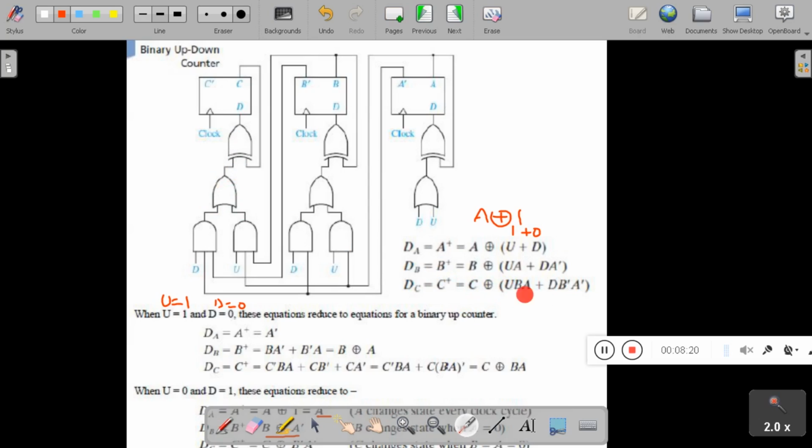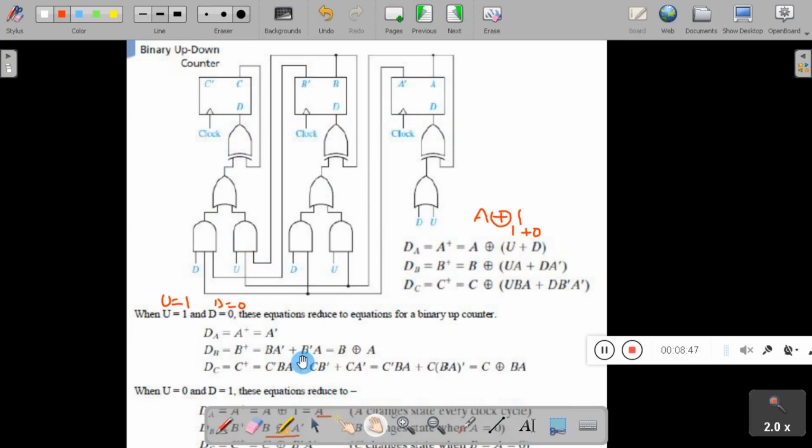One is UBA, where this is B and this is A, and the second component is DB bar A bar. Like this, we have connected all the inputs to these flip-flops.